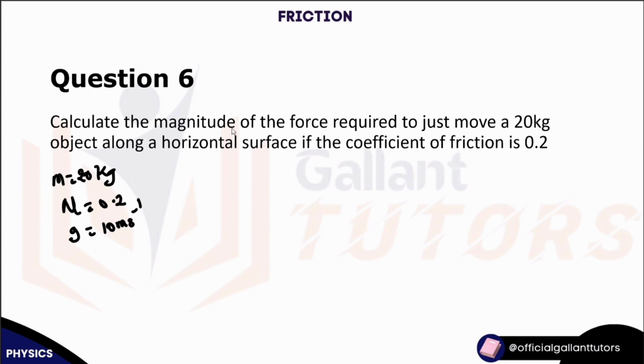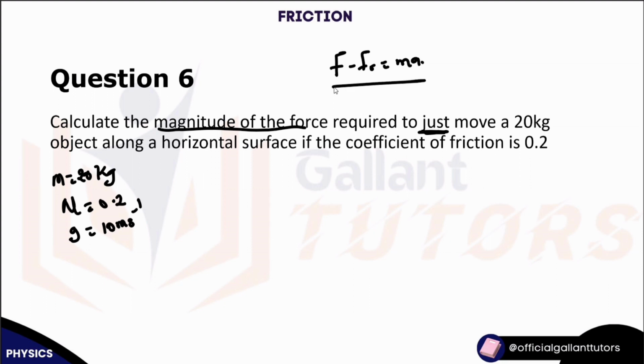Calculate the magnitude of the force required to just move a 20 kg object along the horizontal surface. So we're going to calculate the magnitude of force. Now, take note of this word just.